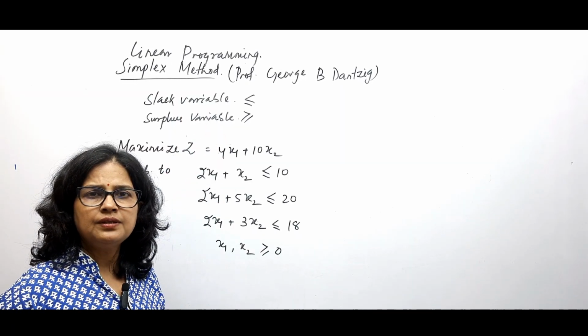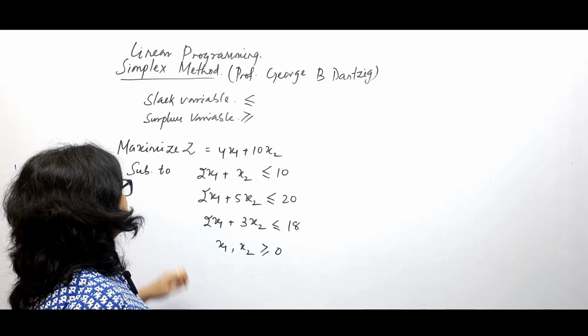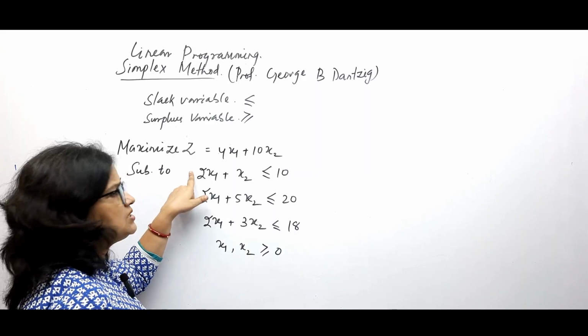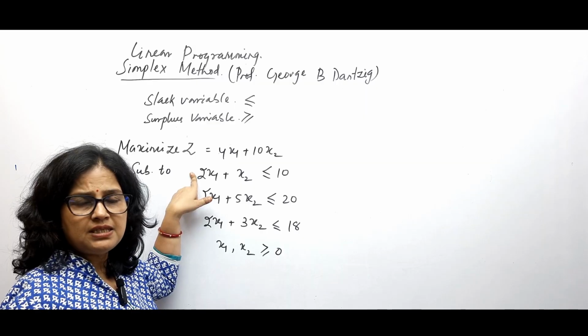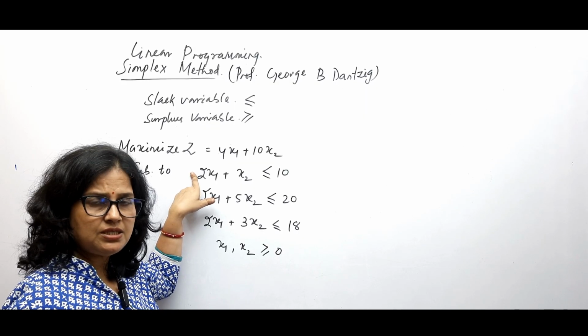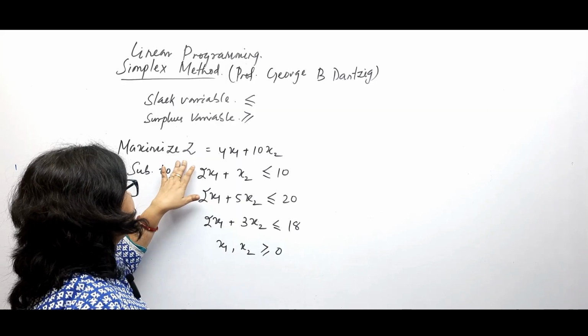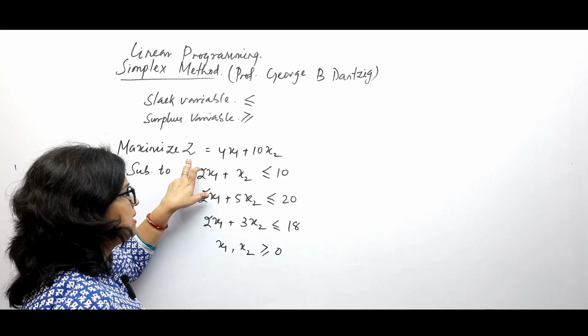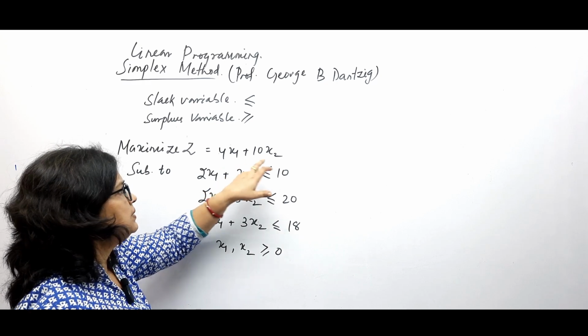So I have taken one example here, a maximization case. In the next class we can discuss a minimization case. Maximize z equal to 4x1 plus 10x2.